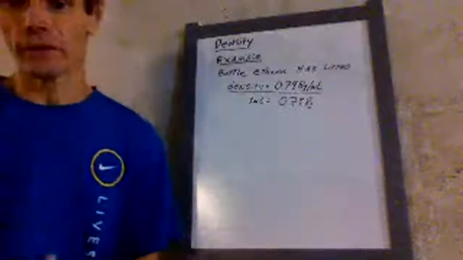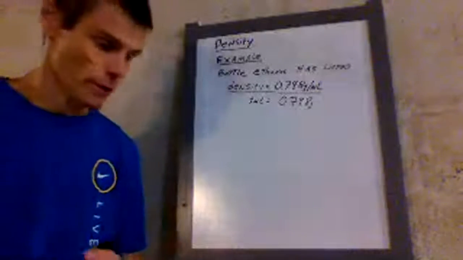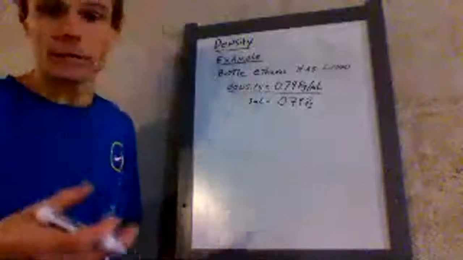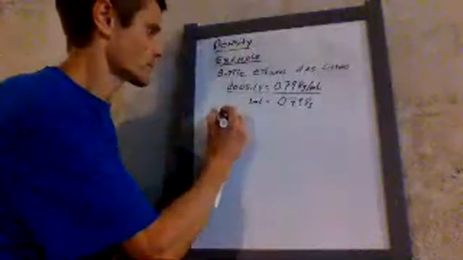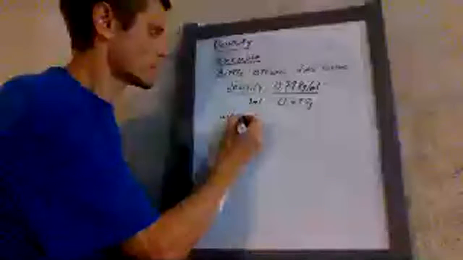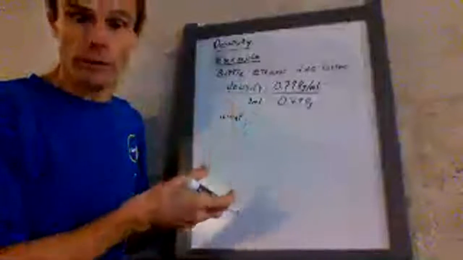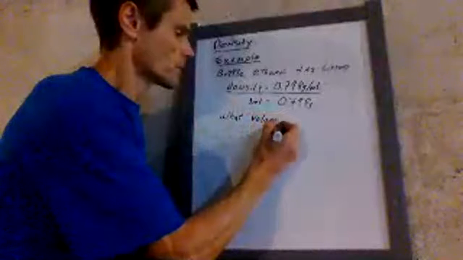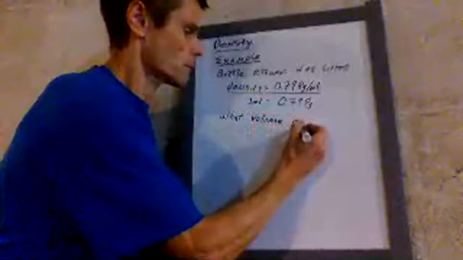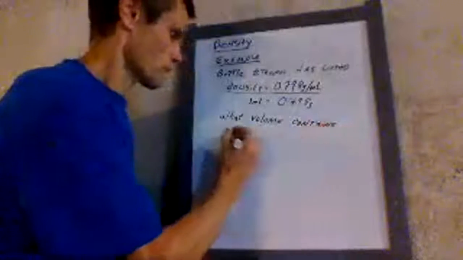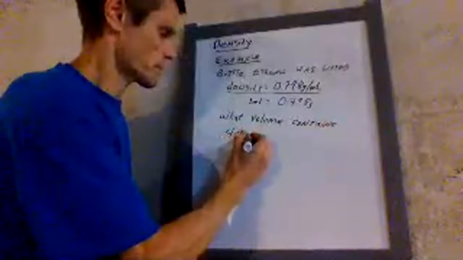Now, ethanol is a liquid. What if we're doing a procedure and we're working in the laboratory and our lab procedure requires us to deliver 40 grams of ethanol? Because it's easier to measure the volume of the liquid, the question we might ask is: what volume contains 40 grams?